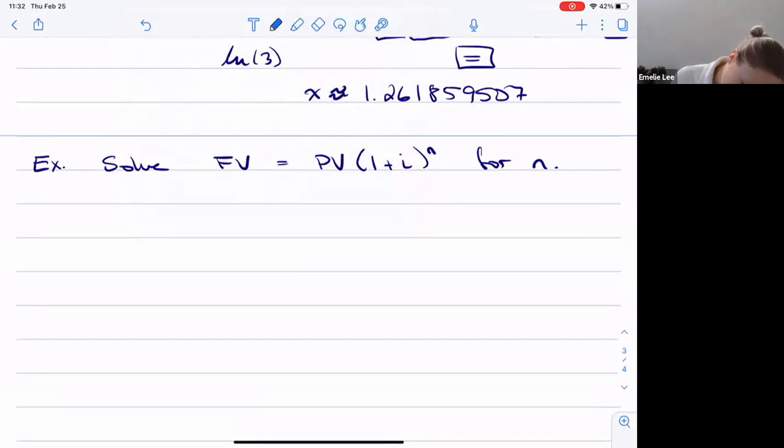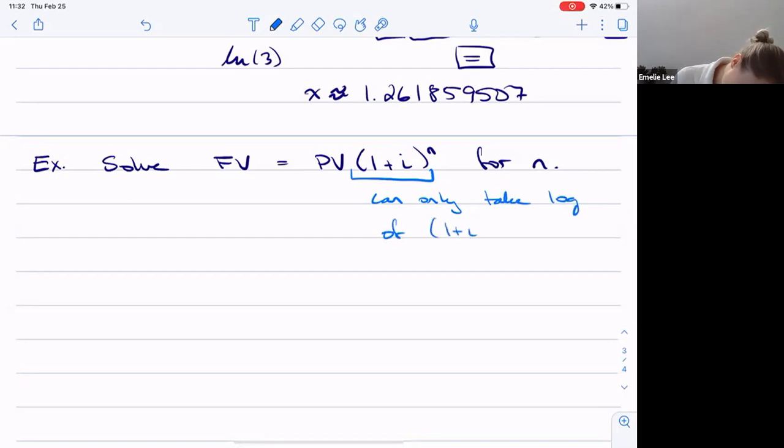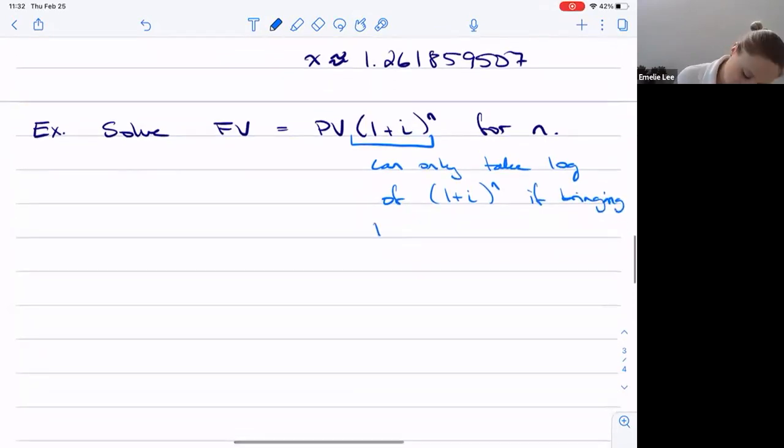So I can only take the log of (1 plus i) to the power of n if bringing down the n, which is what we want, right?